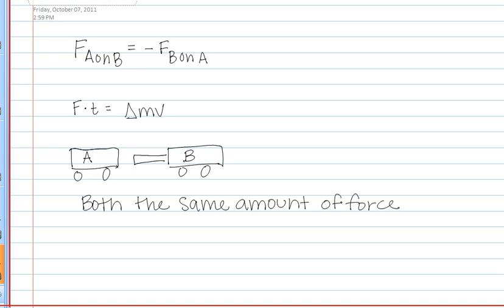We can also tell that this force acted for the same amount of time because the two carts were connected and separated. B couldn't be pushing on A when A wasn't pushing on B. So this was the same amount of time.